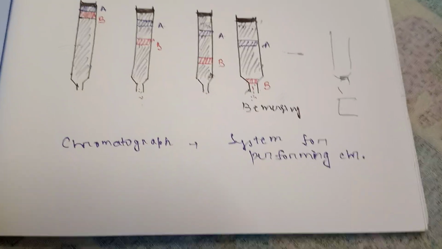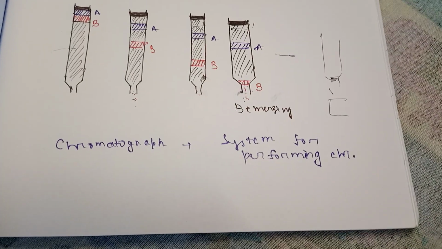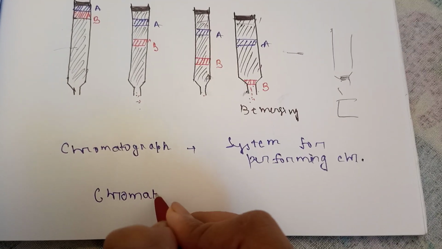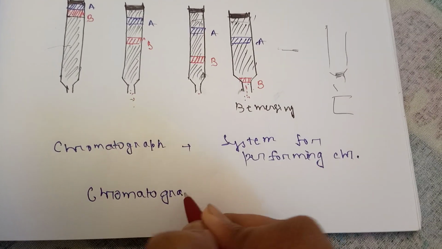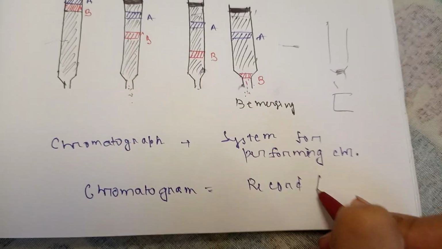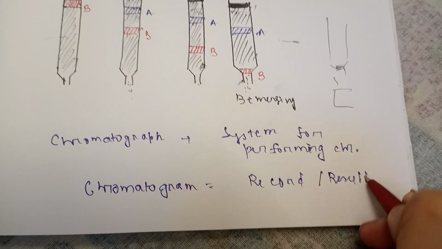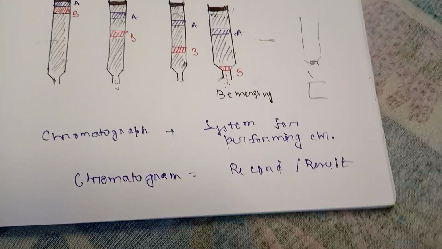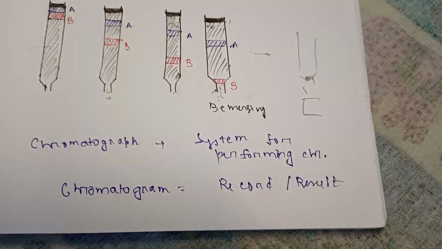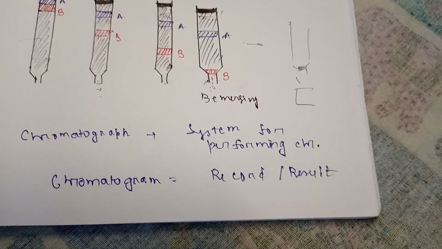Now another similar term comes in this topic, that is chromatogram. This is the record or the result which will be detected by the detector, right? So chromatography, this is the technique. Chromatograph, this is the system, and chromatogram, that is the recorded result.